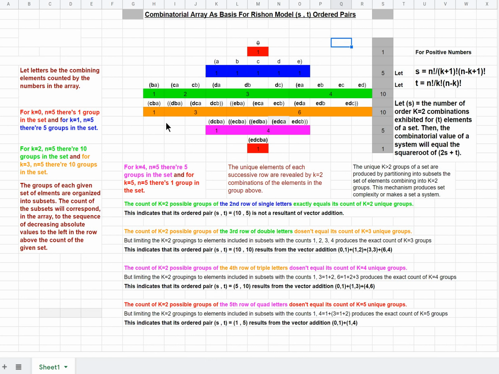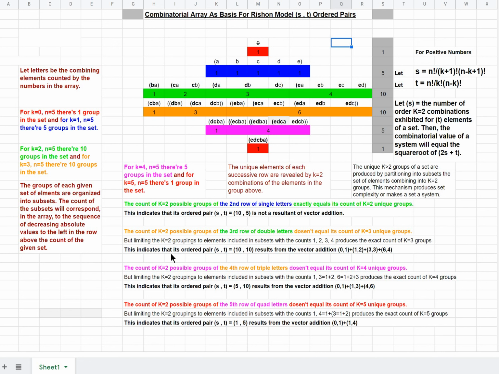And then if we look at the unique combinations that can arise, order 2 combinations from each of those partitions, we will see that for the 2, there will be 1 unique combination. For the 3, there will be 3 unique order 2 combinations. And for the 4, there will be 6, giving the exact number, 10, unique order 3 combinations from this set of elements.